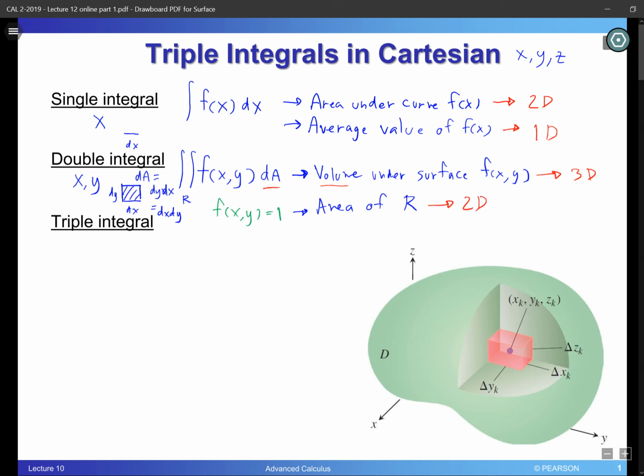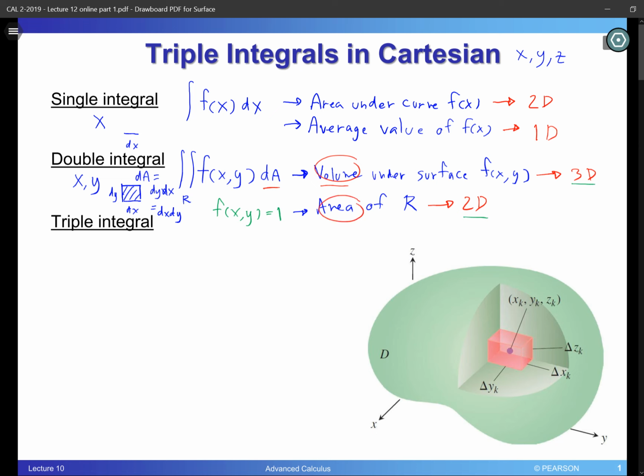Area is 2D, volume is 3D. Just like in single integrals, you perform double integral and you can get either a 3-dimension value or a 2-dimension value. Don't assume double integral comes out to be just volume. It can come out to be area too. Depends on how you use it.